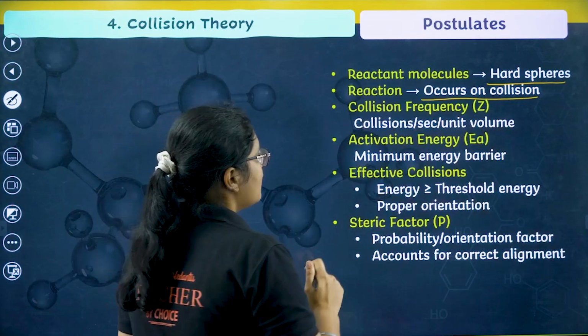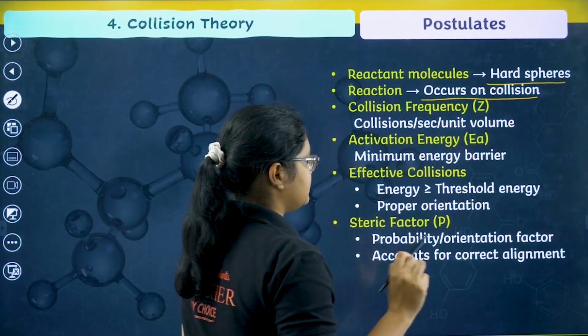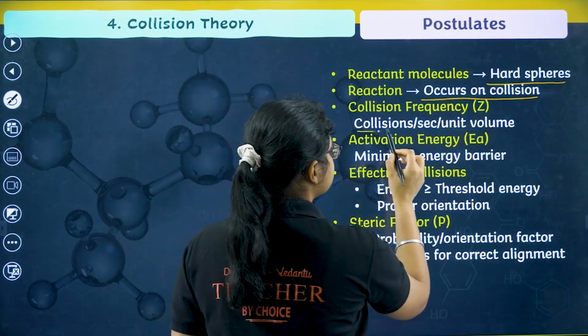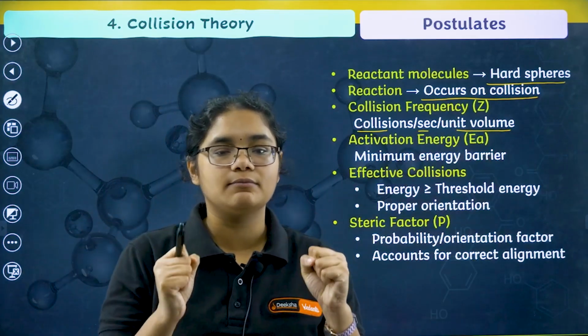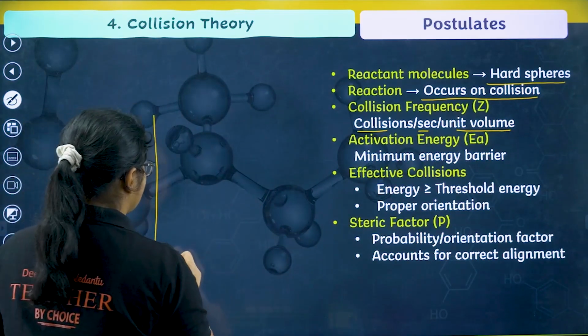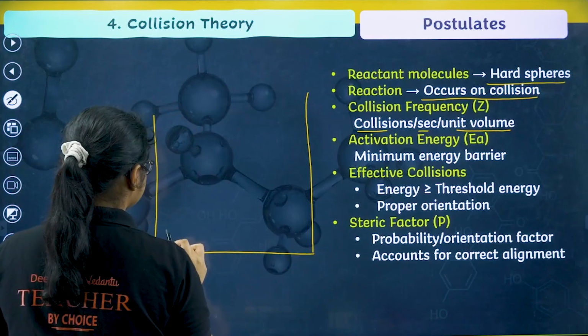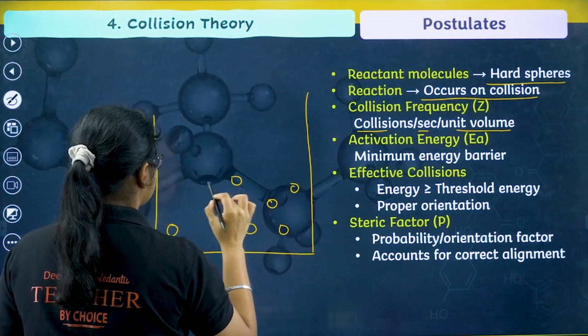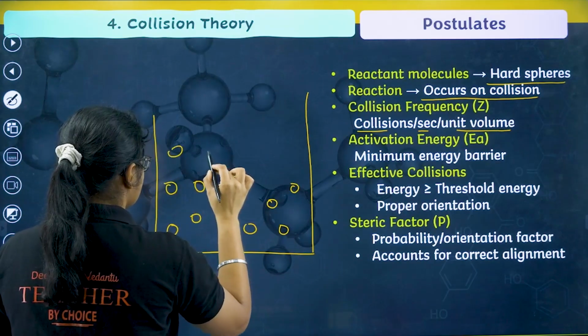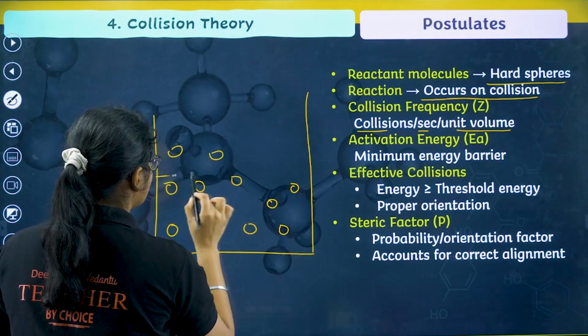Now there is a term called collision frequency, which is the number of collisions per second per unit volume. Suppose I have a big container like this, and there are so many molecules present here. Suppose this is 1 unit volume.